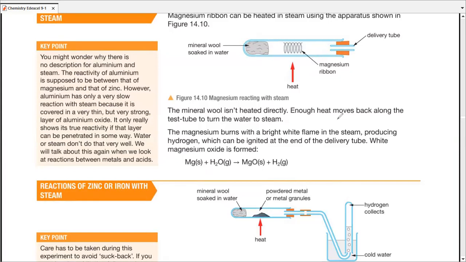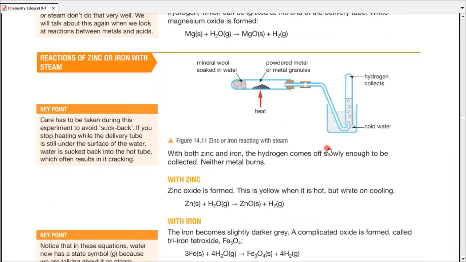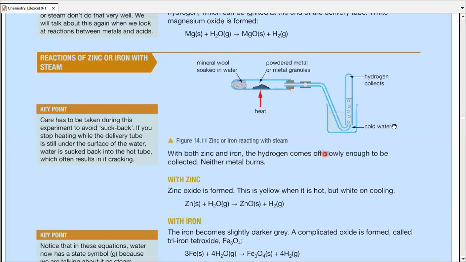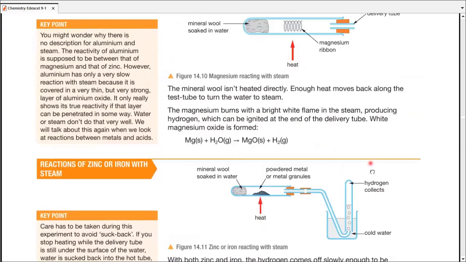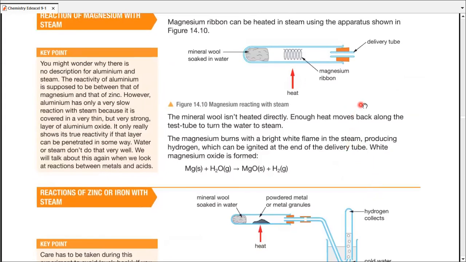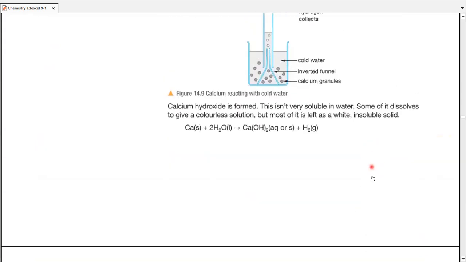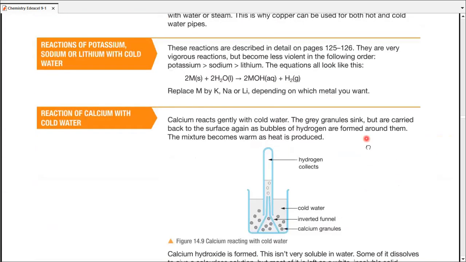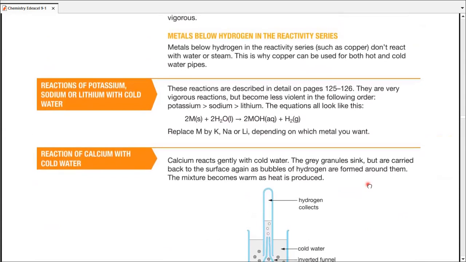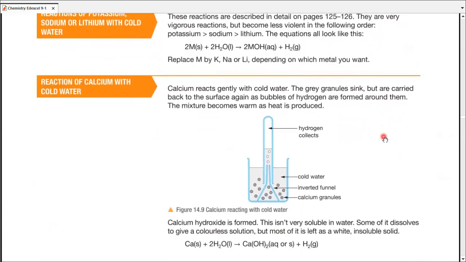So they may talk about the apparatus, why or how they're going with it, a word or a chemical equation, the difference in reactivities of both, or the difference in conditions, what cold water or steam can do with different elements. Make sense? This actually covers all the kinds of questions you have about this in past papers.